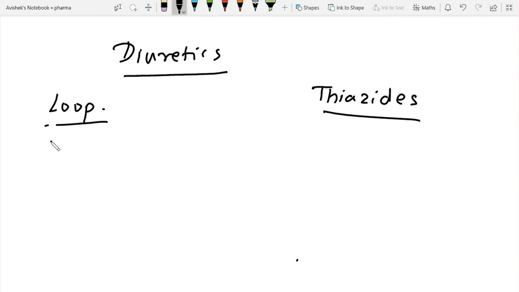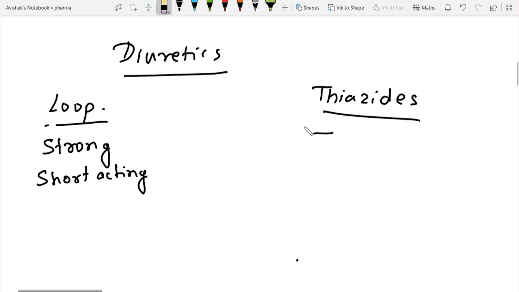Loop diuretics are strong and short acting. Thiazide diuretics are weak and long acting.